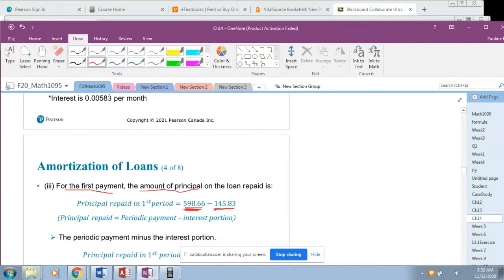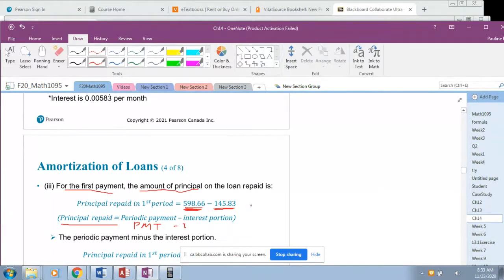Remember, every month you make a payment. That payment has two components, one is principal, the other is interest. So this is the formula: principal repaid equals PMT minus interest.